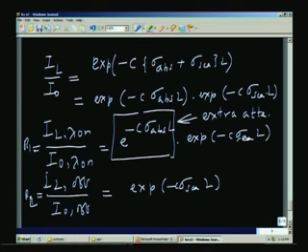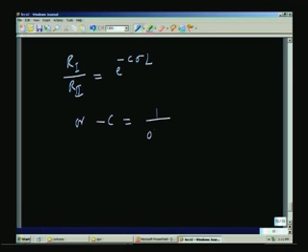So, if you take the ratio of these two, this common factor will go off and you see that R1 by R2 will be e to the power of minus C sigma L. If I take logarithms, minus C will be equal to 1 over sigma L times the logarithm of R1 by R2.